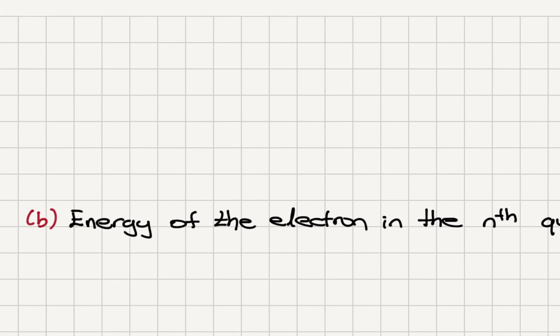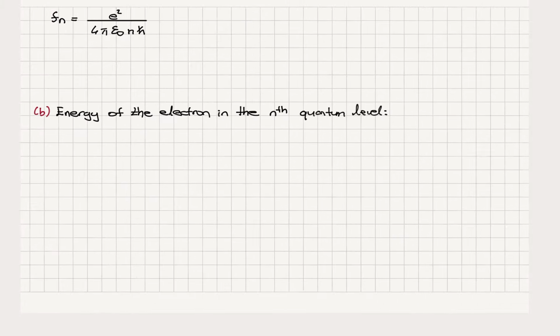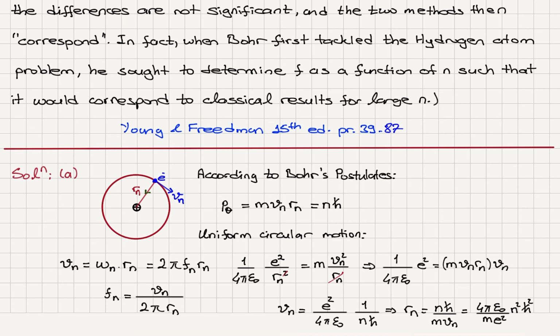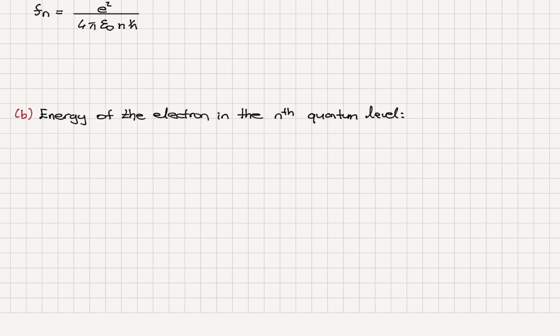I will obtain the frequency for the nth orbit equal to e squared over 4 pi epsilon 0 n h bar, that's the velocity, divided by 2 pi r n.